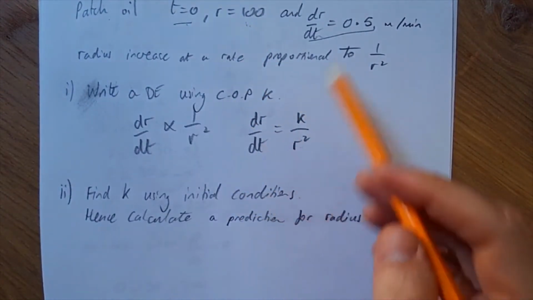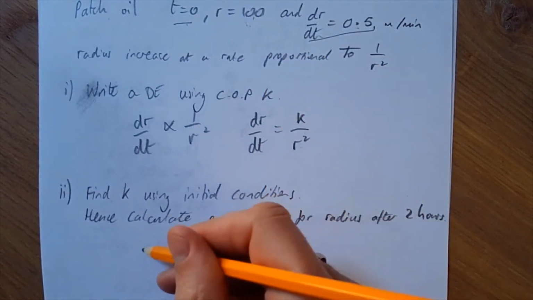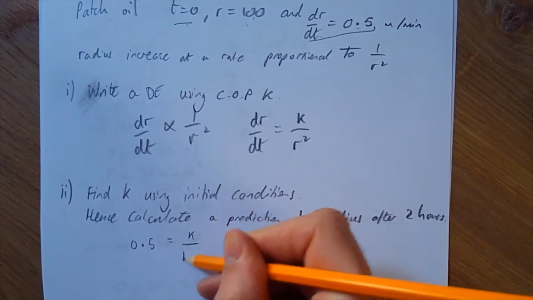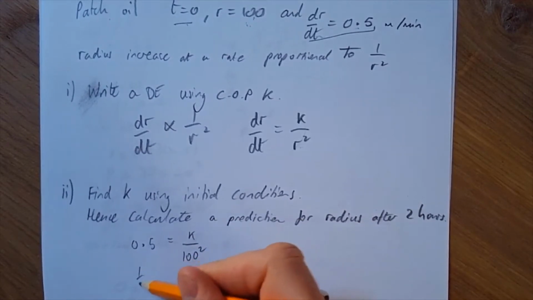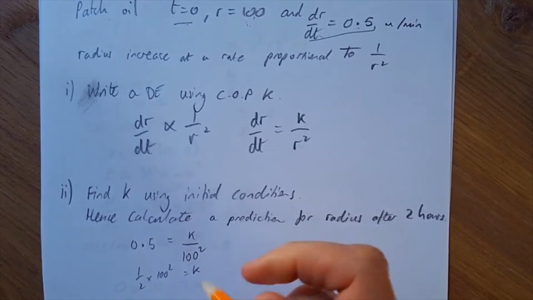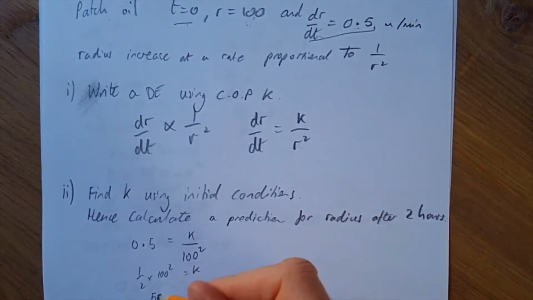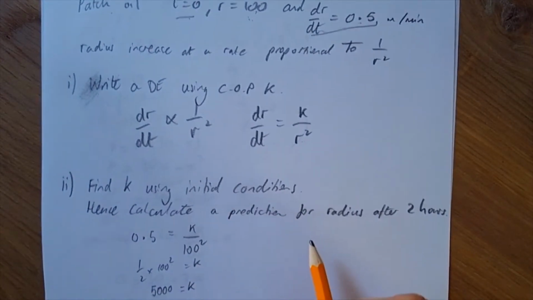So if we substitute in that and that into here, we'll get k. So k is a half lots of 100 squared, which is 5,000. Excellent.